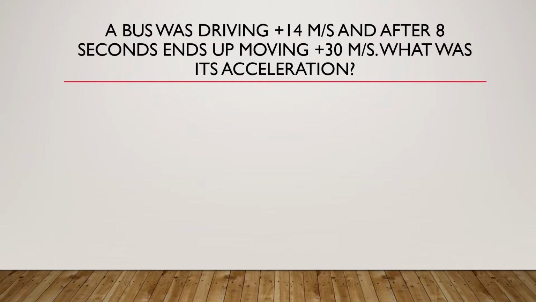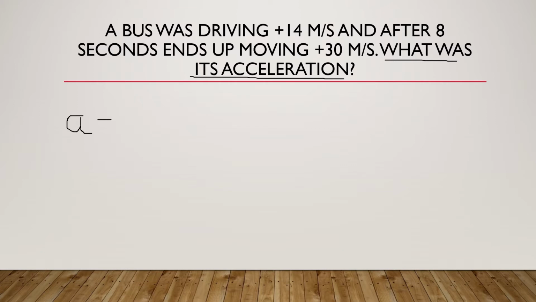So I want to be clear on how to do the simple acceleration equations. These are the equations that we are solving for the acceleration. We do not really solve for the acceleration with any other equation. So if you see a question that says, what was the acceleration, or what was its acceleration, we should be thinking about the acceleration equation.